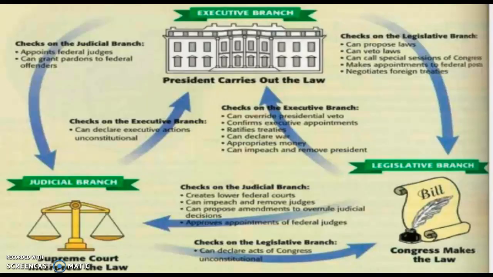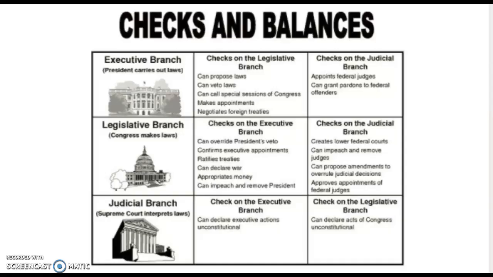This chart here just outlines some of the powers of each branch of government, some of the checks they have on one another, and we'll be diving into a little bit more of these checks with an assignment coming up. This chart also specifies some of those checks that each branch has on the other. So, for example, as far as the executive branch, the legislative branch can propose laws.